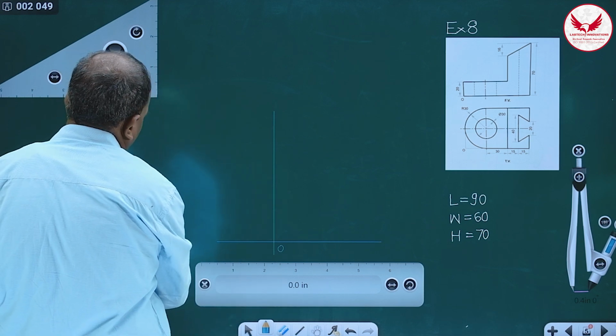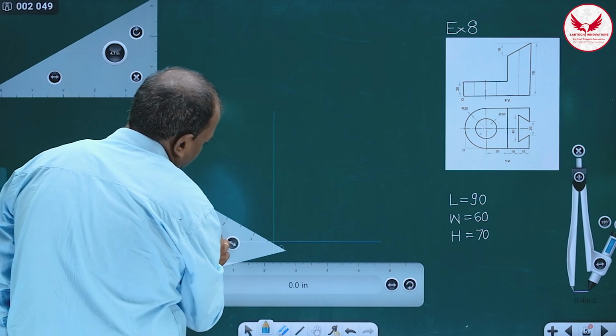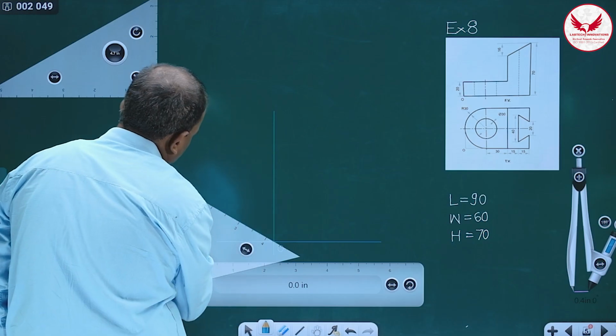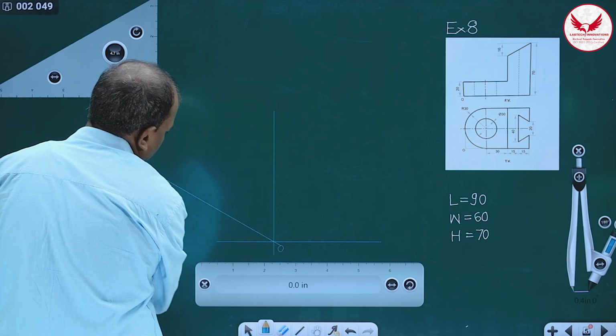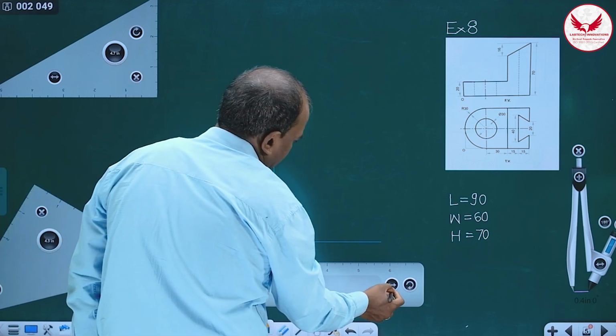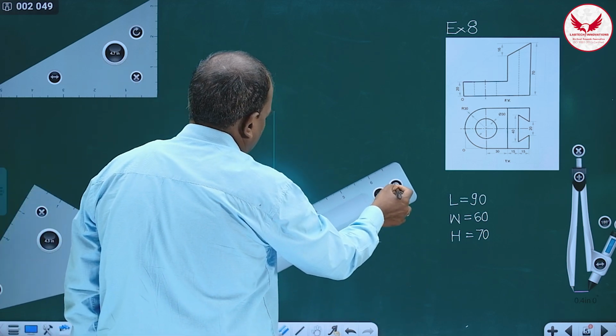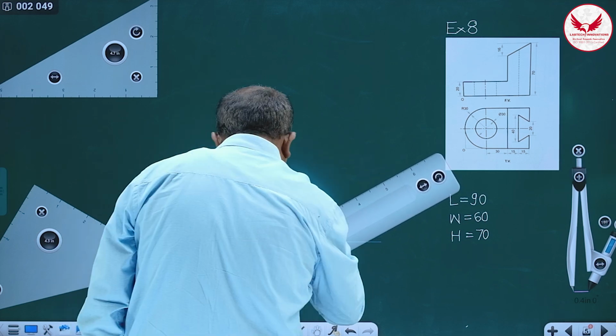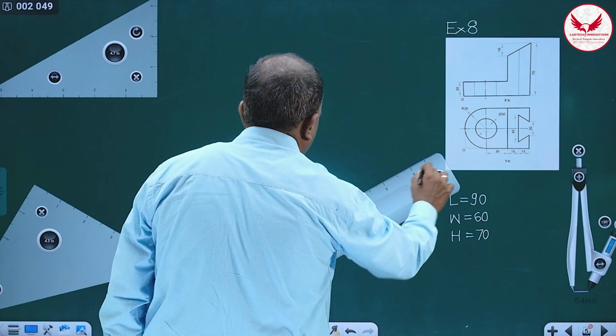Now once we mark the origin, then we can mark 30-degree lines on both sides. One will be on left hand side and other will be on right hand side, passing through the origin. This is on this side.